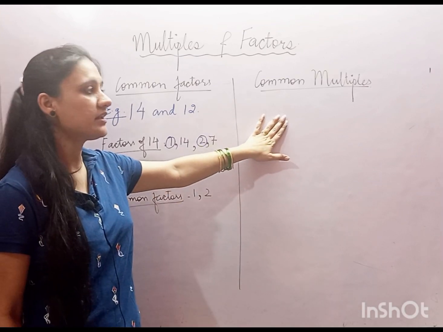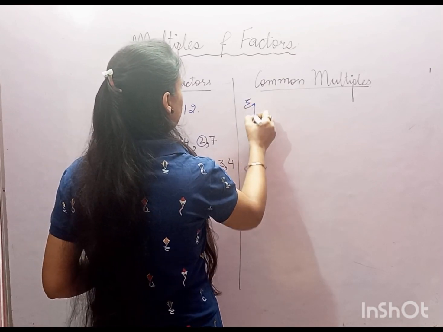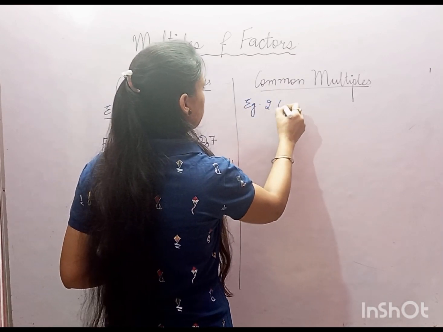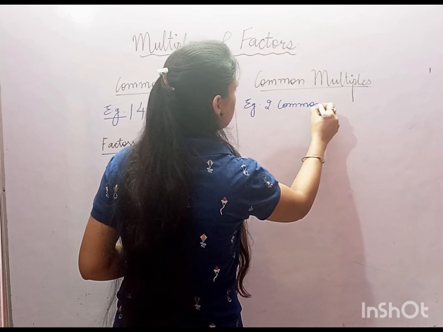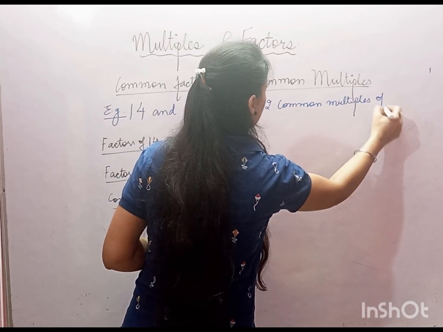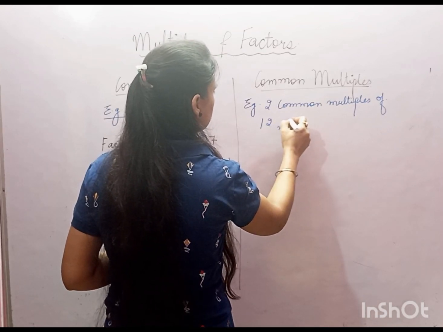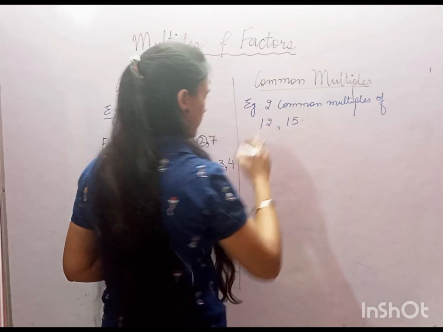Now let's understand how to find out the common multiples. Let's say they ask you to find out the two common multiples of say 12 and 15. Right?